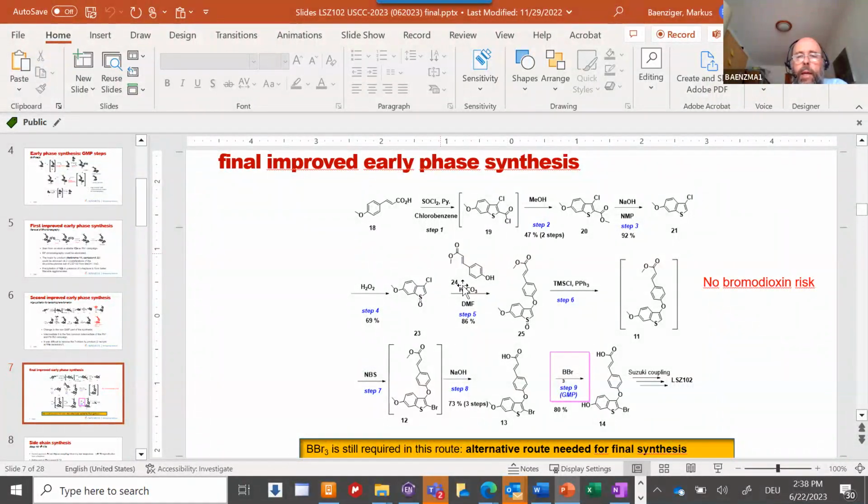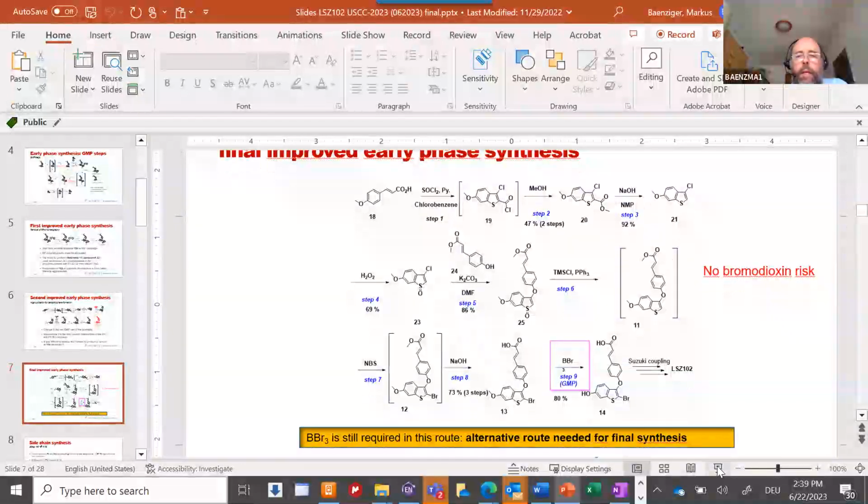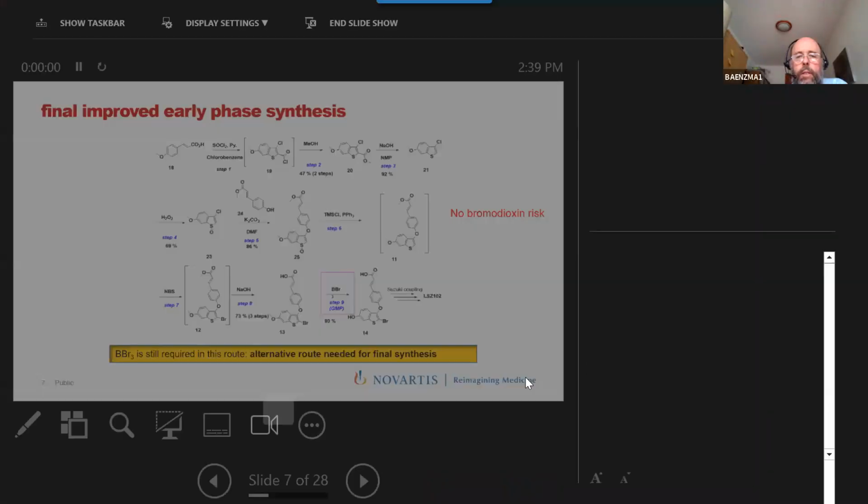So we could directly do the SNAr reaction with the 4-hydroxycinnamic acid methyl ester, avoiding any bromophenol. So the bromodioxin risk could be eliminated here. And then this product, which was isolated in 86% yield, could be reduced to the benzothiophene ring, which was not isolated.